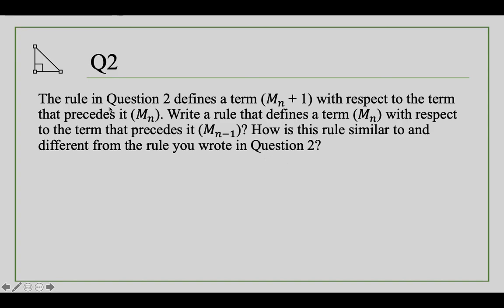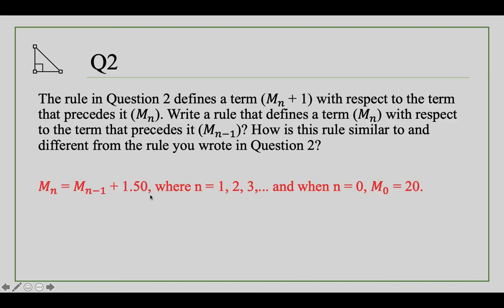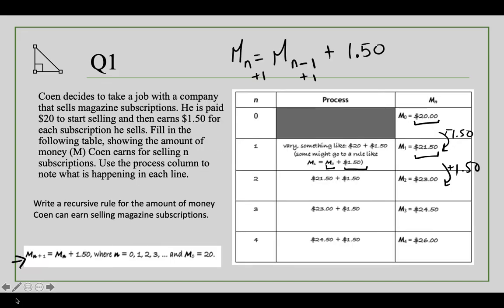Let's see. Write a rule. Okay, so actually that was the first thing I said, so it's kind of a given. So all I did, and you could look at it backwards, right? So if this was our equation, we could have just done minus 1 and then minus 1. So it would have been M sub n equals M sub n minus 1.